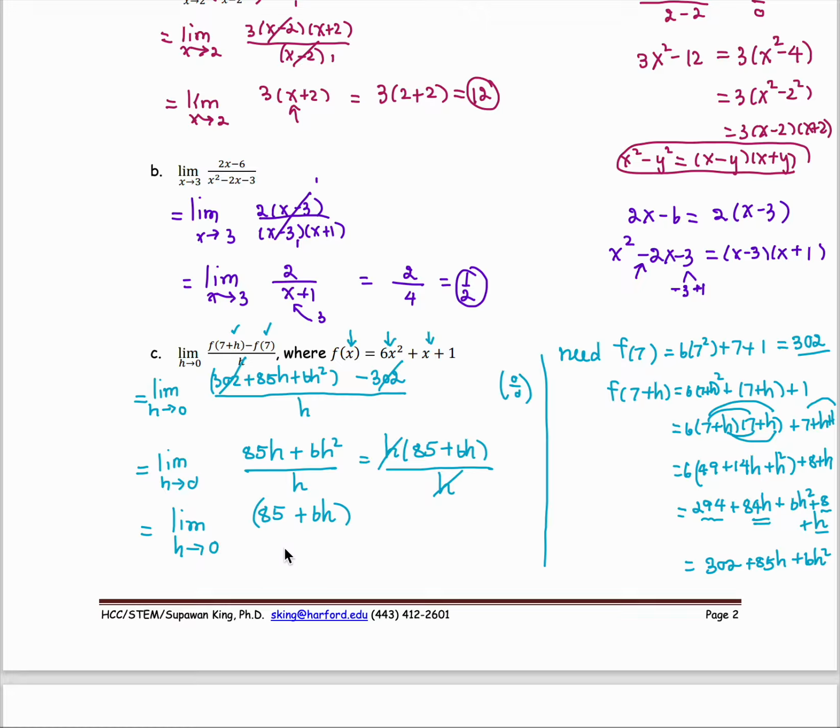That's very good because this one now turns out to be polynomial function. For the limit of polynomial function is the same as the function value at the point h equals 0. So then we just plug it in. 0 here, this term gone, and turns out to be just 85 for the result of part C.